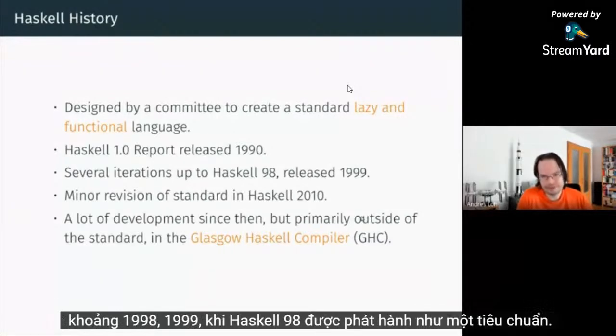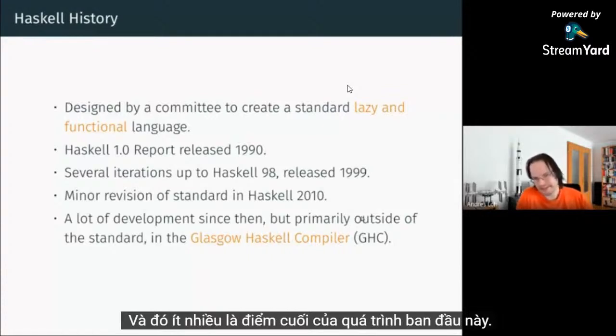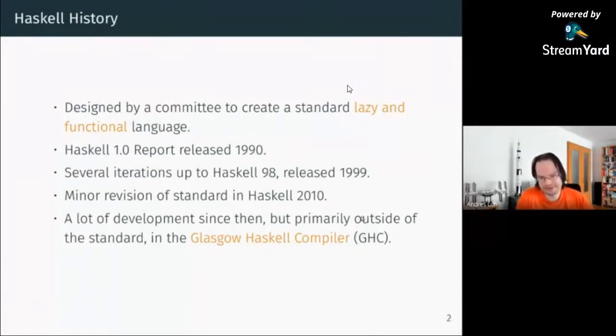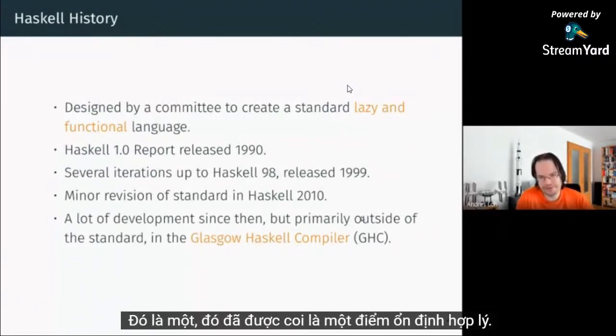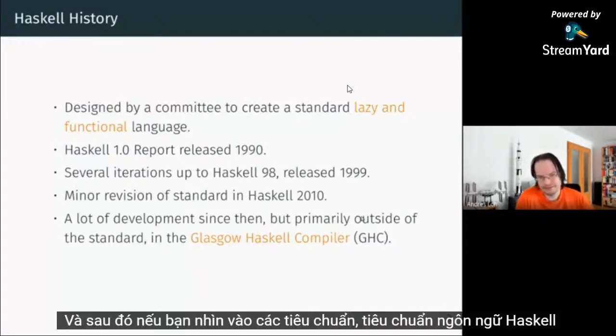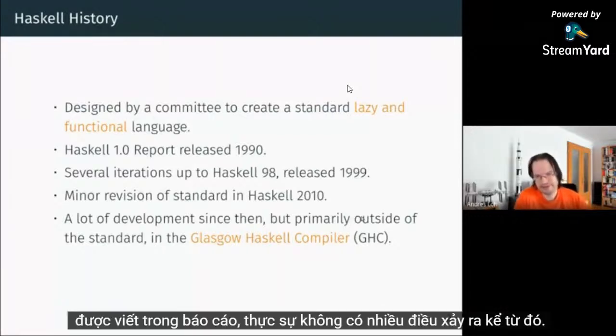This went up to roughly 1998, 1999, when Haskell 98 was released as a standard, and that was more or less the end point of this initial process, considered a reasonably stable point. And if you look at the Haskell language standards written in the report, really not much happened since then.